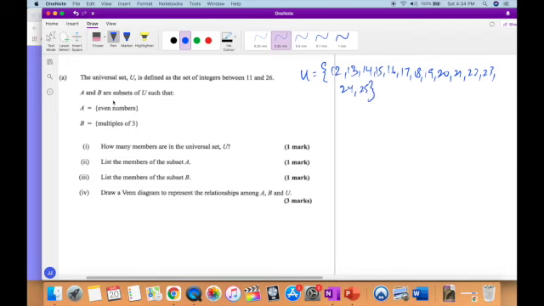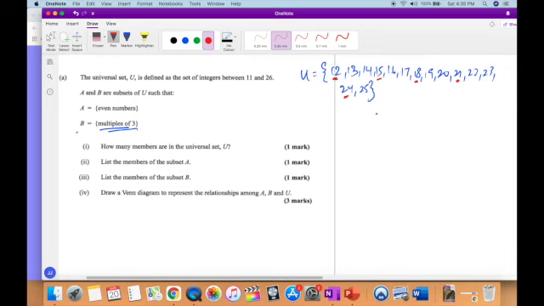Right? A and B are subsets of U such that A are the even numbers and B are the multiples of 3. Right? So I know even numbers are easy enough to see here. Right? But let's mark off multiples of 3. So 12 is a multiple of 3, 15, 5 threes are 15, 6 threes are 18, 7 threes are 21, 8 threes are 24.